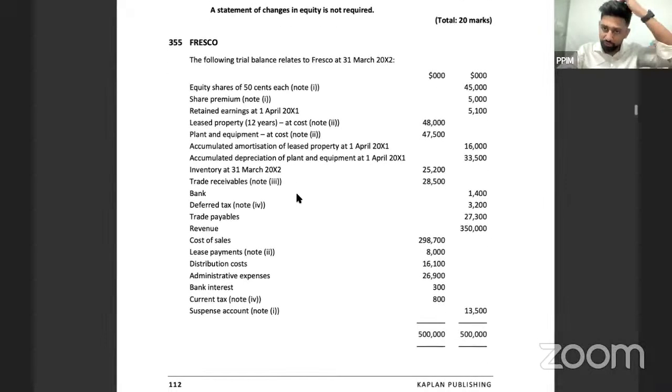Probably something like this can definitely come in the exam. So let's try to understand how to work around a question like this. On your screen, I've got Fresco. Fresco is not a challenging question, but it has a lot of details that would definitely help us with the exam preparation. So the session is to make sure that we practice more questions before the exams, like I advised earlier.